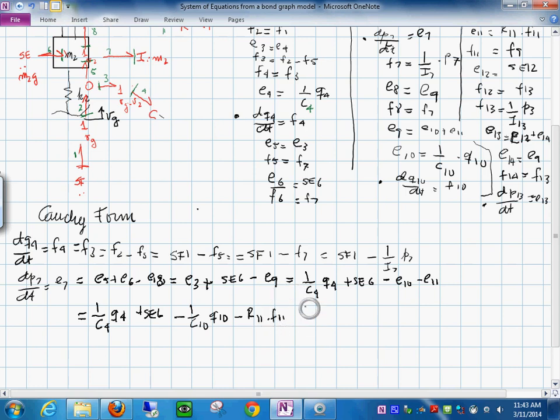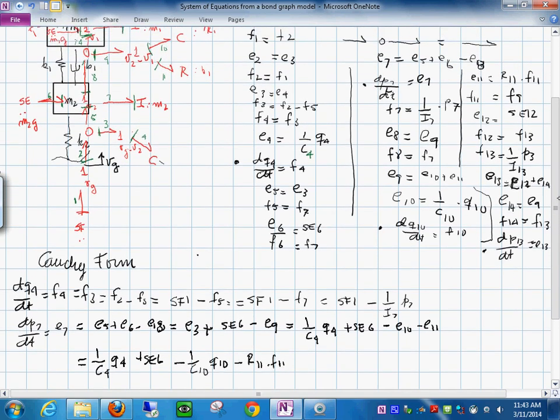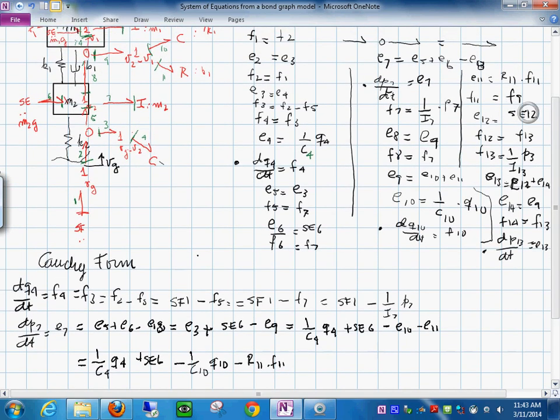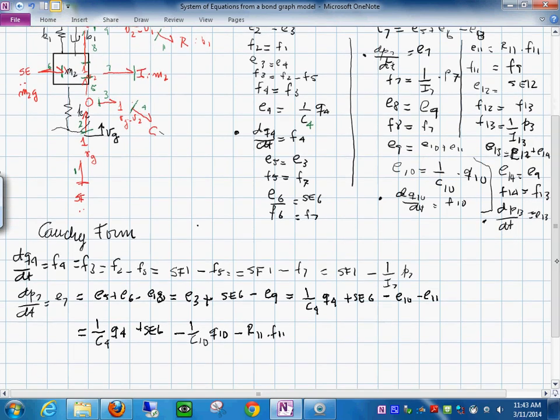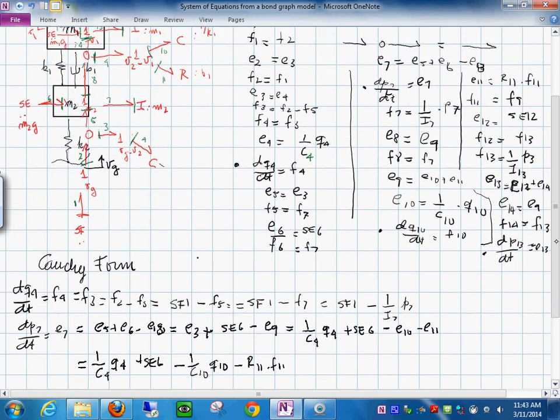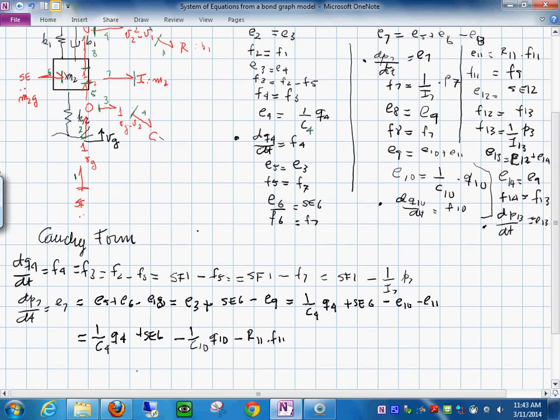So the whole thing hinges on F11. So it's not a bad idea to find out exactly where F11 is. F9, and where is F9? So F11 is, why don't we write it down, because otherwise we'll forget.